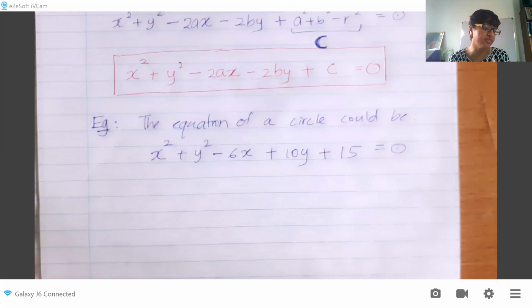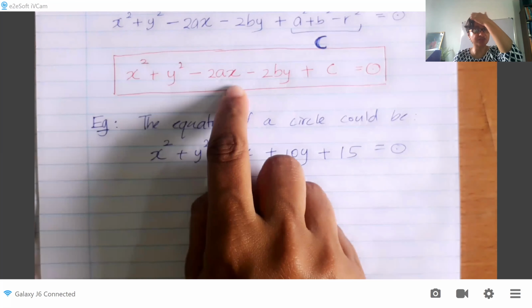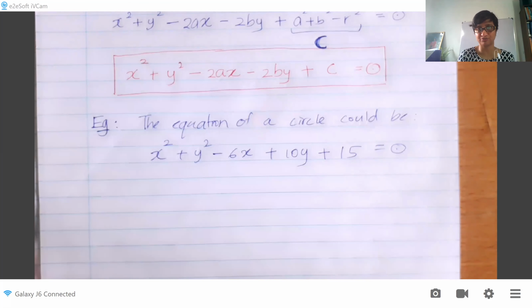When the equation of a circle, oh, before that, I'm sorry. Why do we even discuss how we can turn this back into center radius form? Because center radius form is the useful form.